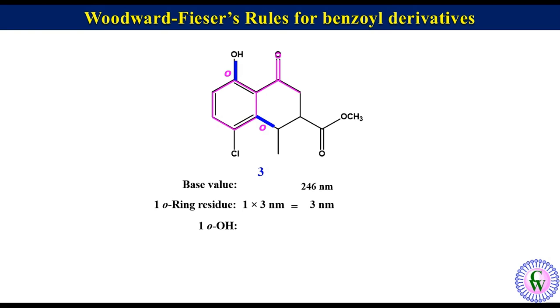Addition for one ortho hydroxy group will be 1 into 7 is equal to 7 nanometer. There is a meta-chloro group. Addition for meta-chloro will be 1 into 0 is equal to 0. Thus lambda max will be 246 plus 3 plus 7 plus 0 is equal to 256 nanometer.